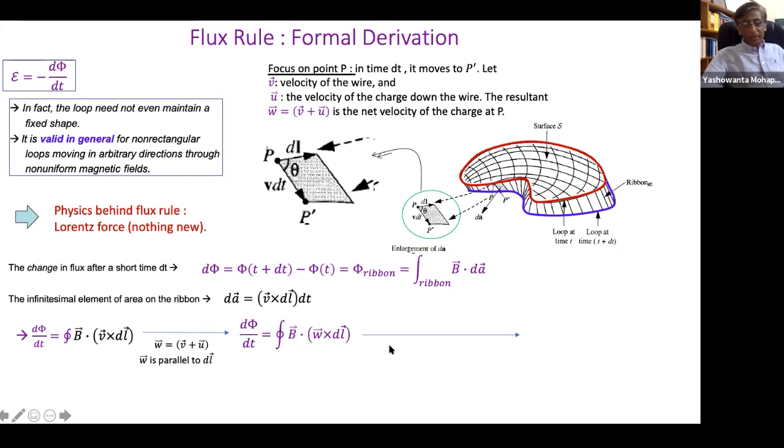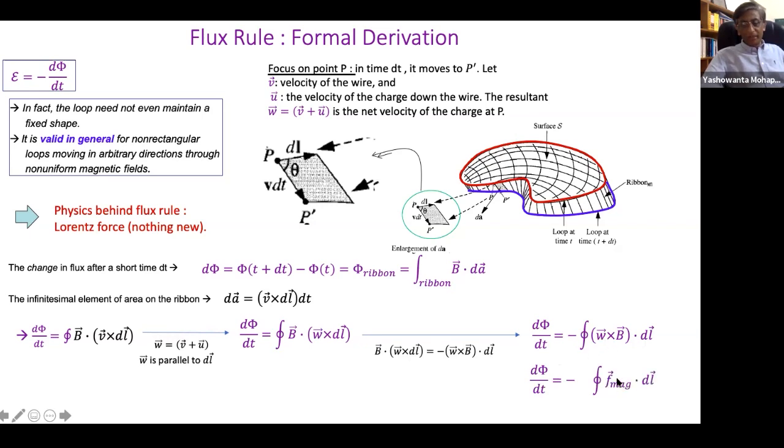So all I need to do is, now this is the triple product. I can rearrange the triple product: instead of B dot W cross dl, I can write minus W cross B dot dl. So that will give me dΦ by dt is minus the integral of W cross B dot dl. And what is W cross B?